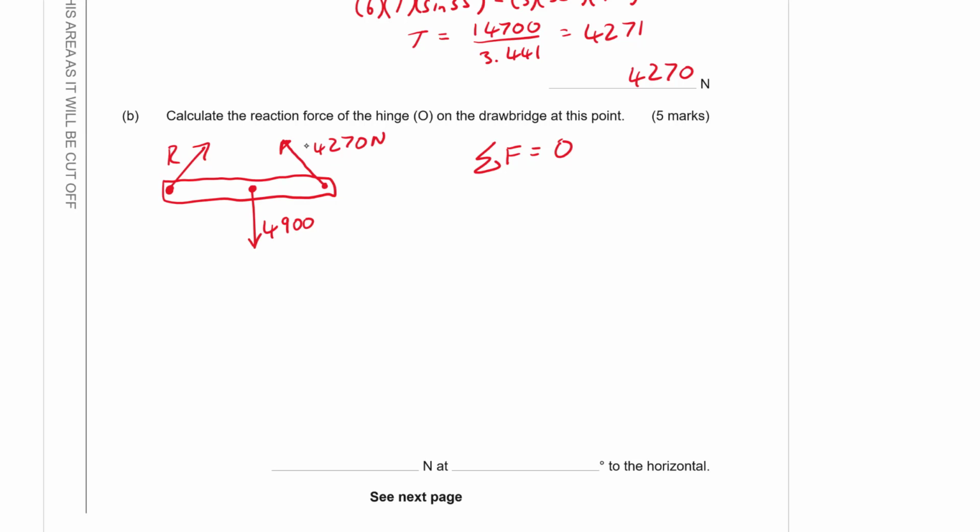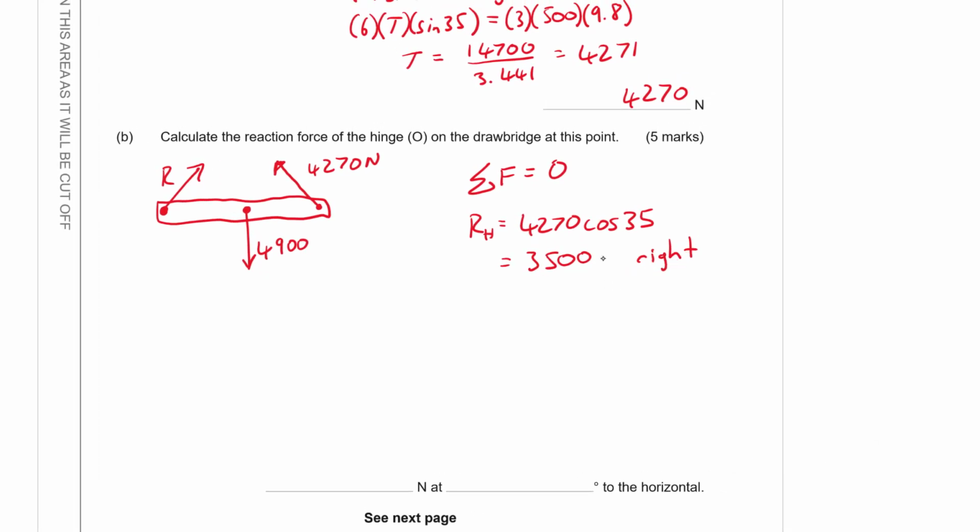Horizontally, we have just one force that's contributing to a leftward force, I suppose. So that would mean that the reaction force in the horizontal direction must be 4270 cos 35, and that would therefore be equal to 3500 newtons, and that's acting to the right because at the moment the tension is acting towards the left.